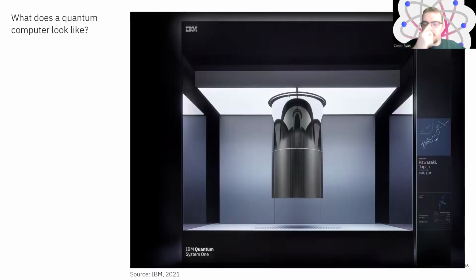Now, we've seen theoretically and mathematically some of the foundational concepts behind quantum computers and what quantum mechanical objects they might be made from. Well, what does a full quantum computer look like?